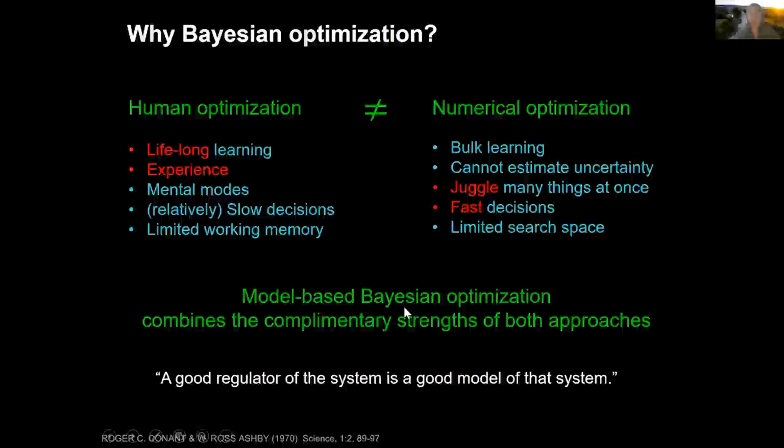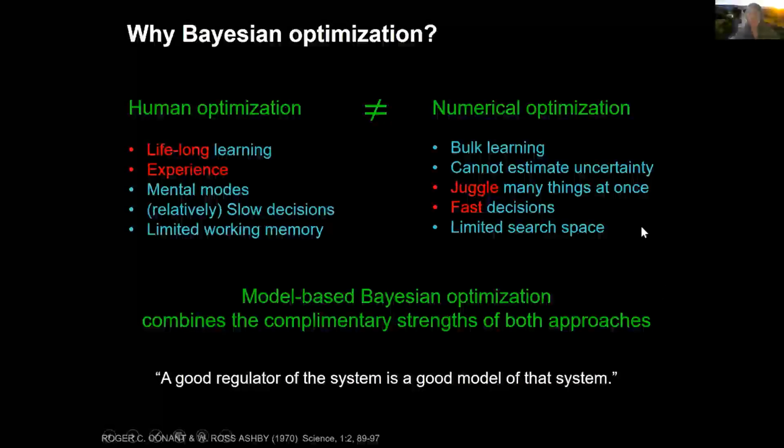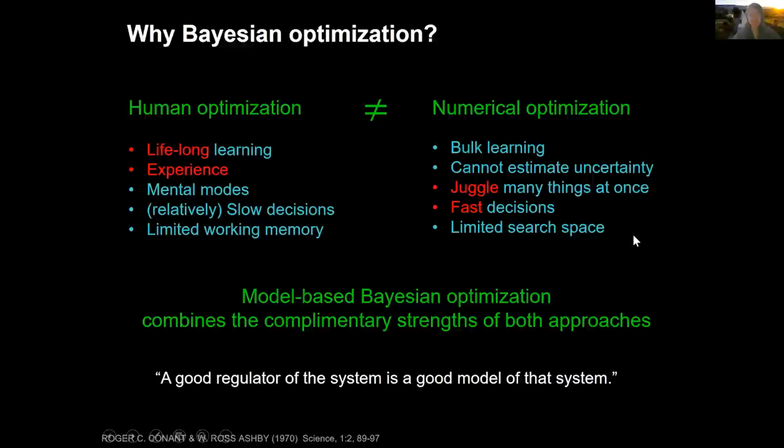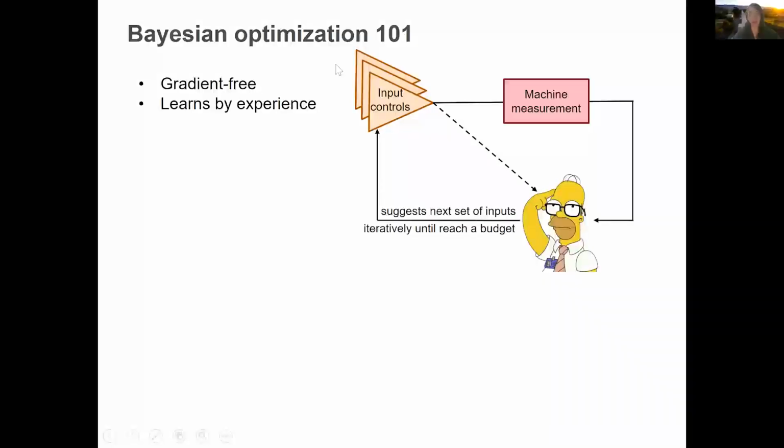So model-based Bayesian optimization combines the complementary strengths of both approaches. And the reason we chose the Bayesian optimizer is that a good regulator of a system is a good model of that system. So let's see how it works.